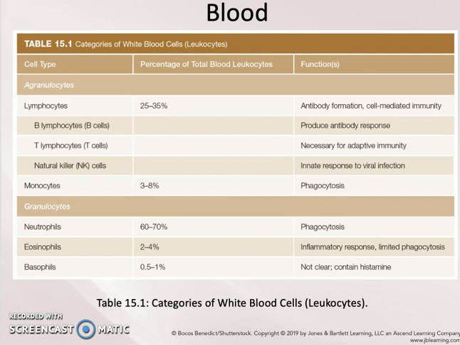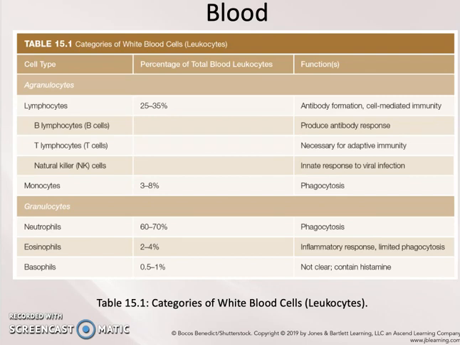As I mentioned, monocytes and neutrophils both are phagocytes, but a little bit of new information is that these monocytes can end up forming two different cell types. One of these is known as macrophages, the other one dendritic cells. They differ in their shape, but their function is generally the same.